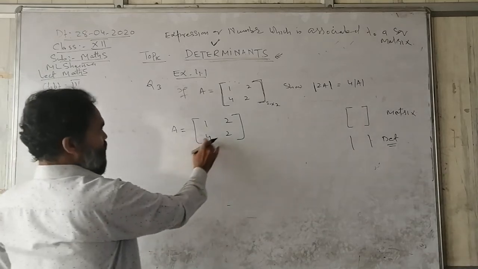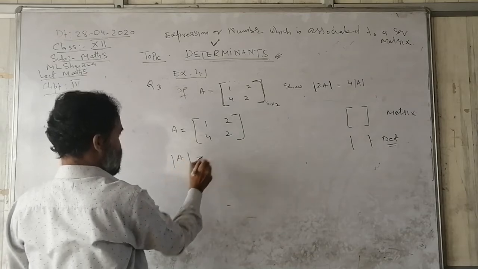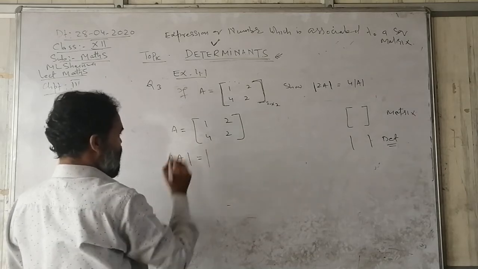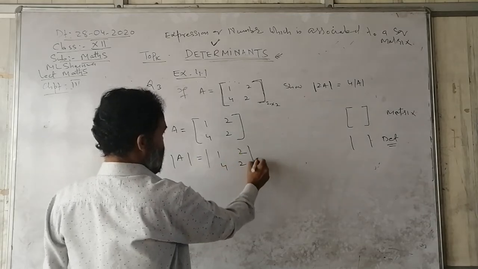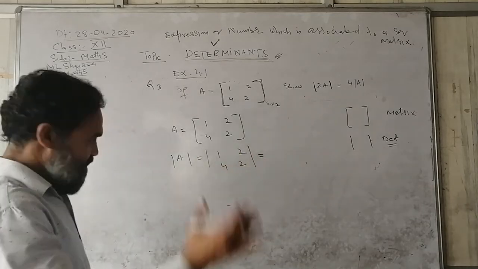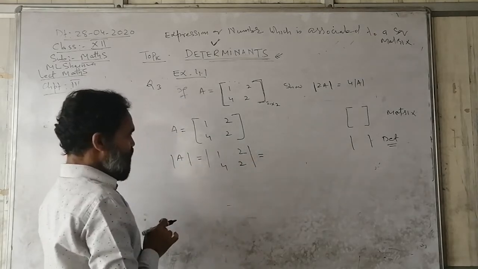Then I will find the determinant of A. This is a matrix, and I will calculate its determinant by expanding this 2 by 2 determinant.